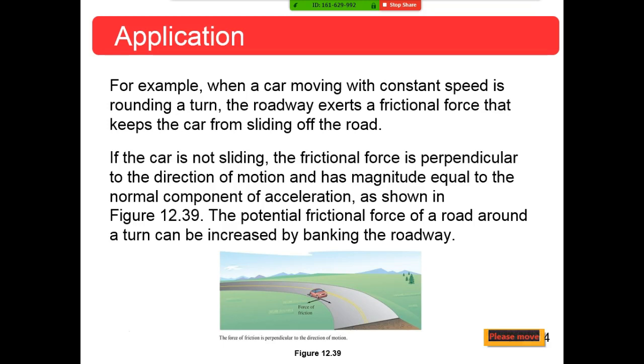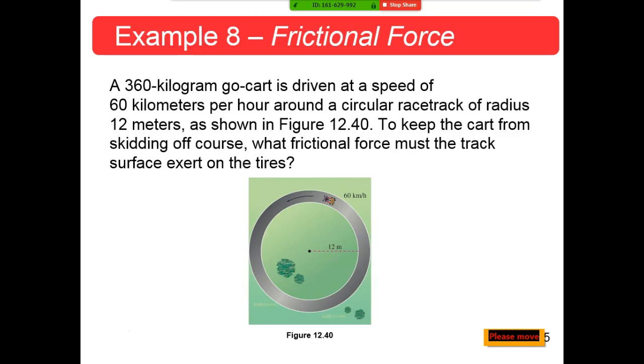The potential frictional force of a road around the turn can be increased by banking the roadway. Now, it's not clear whether that one's banked or not. The way they drew it, it's not banked, because now the force of friction is just supplied by the road. They haven't indicated the banking of it yet.